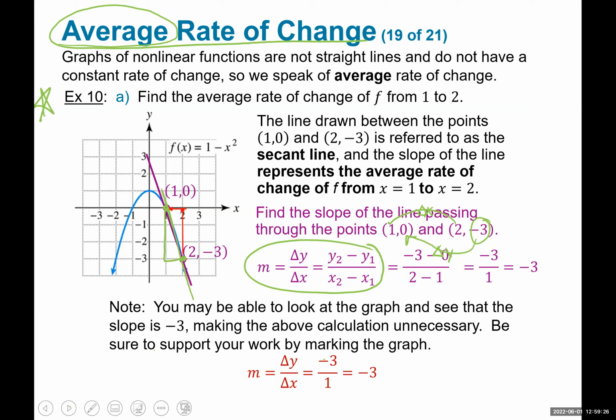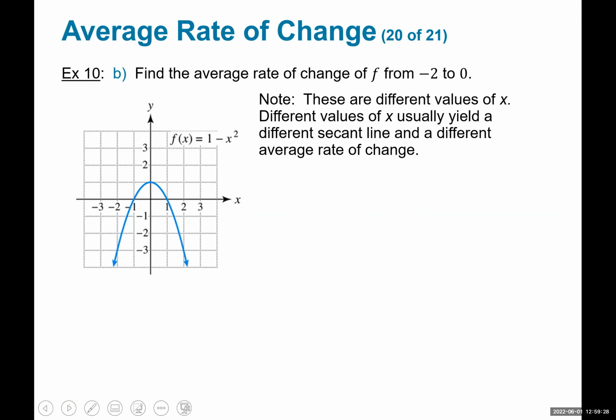Okay. Talking about the same problem, but now we're going to do the average rate of change from a different angle. We're going to look at -2 to 0. So from here to here. Now this looks like a positive average rate of change. So we're going to use those 2 points, -2, -3, and 0, 1.